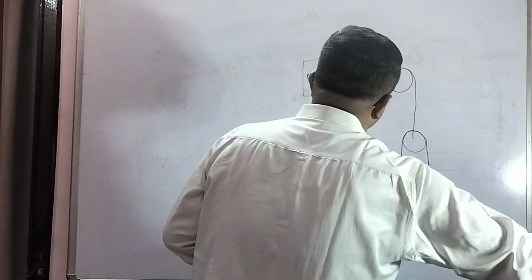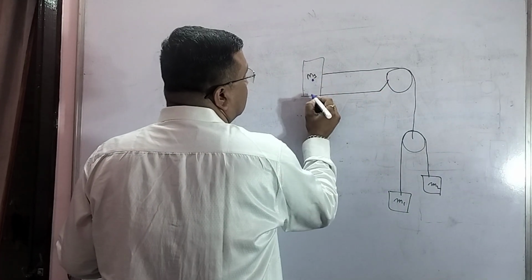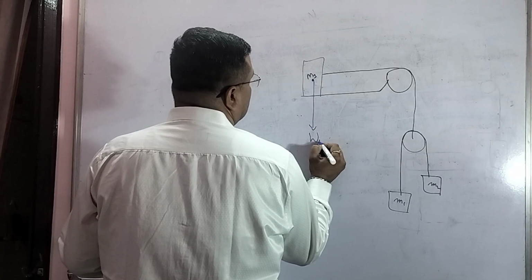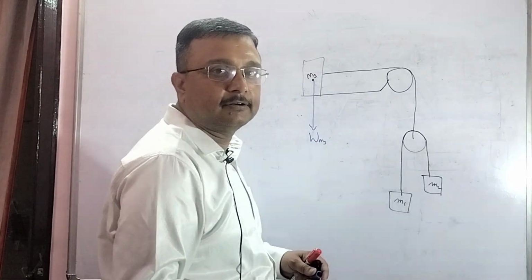So for M3, when we shall be discussing, definitely weight W3, let's suppose M3 means W3, will be in downward direction.